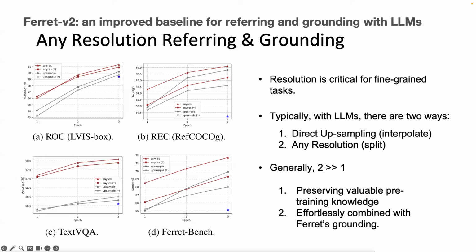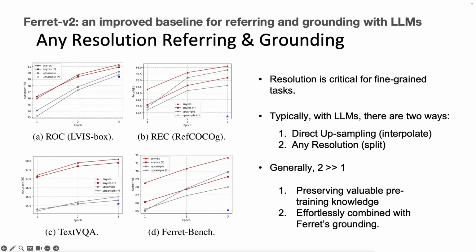This unifies our detector and becomes more elegant. Another way is to scale up image resolution. I think this is mostly critical to multimodal large language models. We know that resolution is even more critical compared to global tasks. So typically, with current large language models, we can actually do it in two ways.